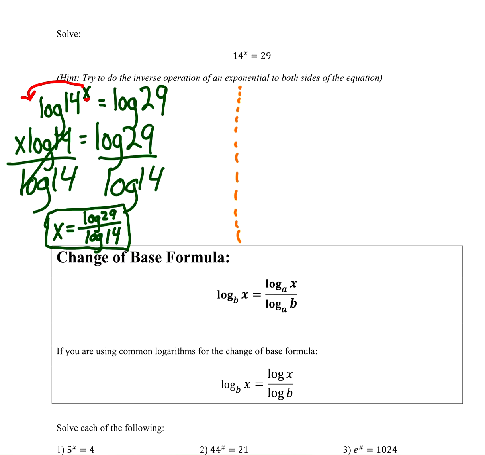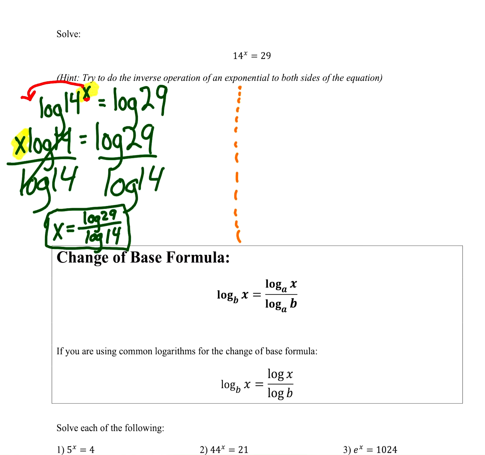Once you write it like that, because of the properties of logarithms, our exponent x can now be written as a coefficient. And now since it's a coefficient, we can divide by what it's multiplying on both sides to get that exponent by itself.